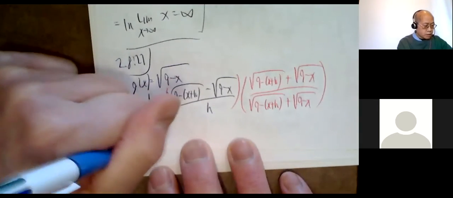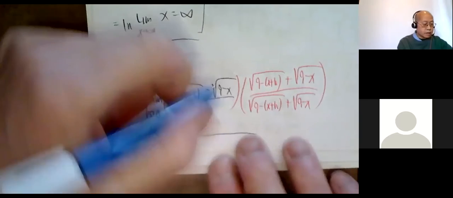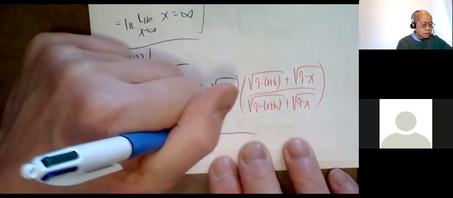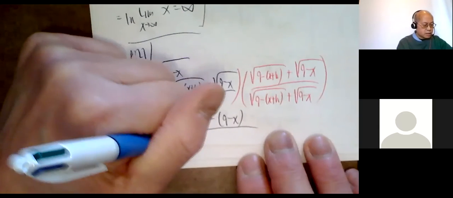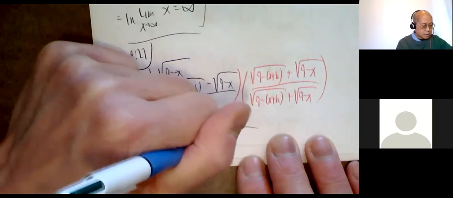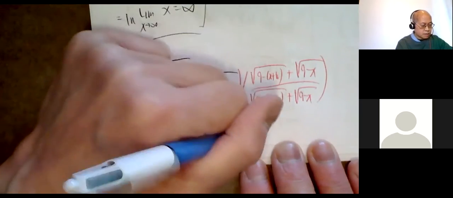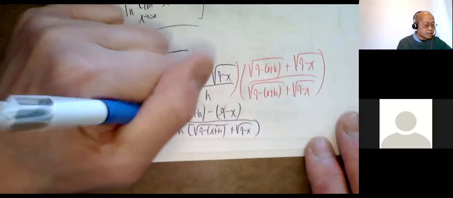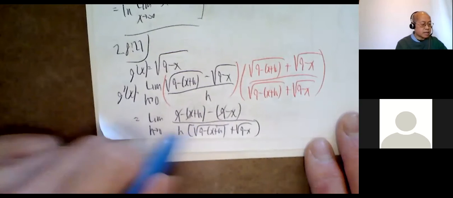So limit as h approaches 0. Square this and you have 9 minus x plus h, minus 9 minus x, over h times radical 9 minus x plus h plus radical 9 minus x. 9's cancel out, x's cancel out. 9 minus 9, negative x minus a negative h.